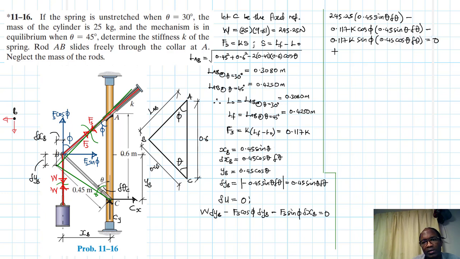So we can factor out the del theta like so, and then we multiply these numbers.